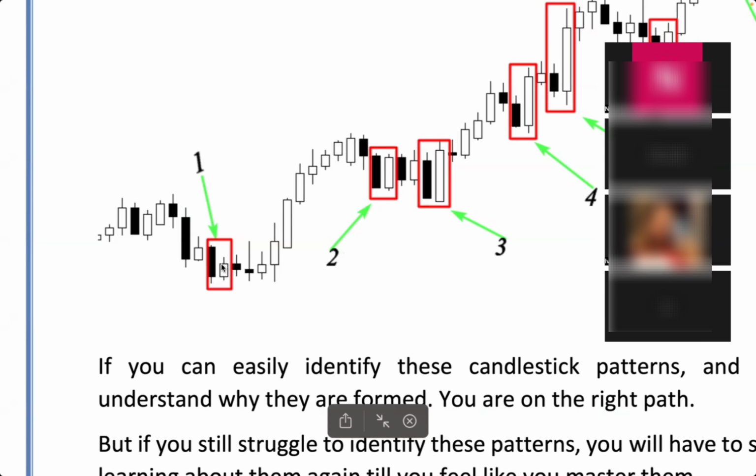It also shows there was strong selling pressure here, and when this candlestick pattern happened, it means that sellers were losing pressure, that was the end of their retracements. We had some indecision candles here. Usually when you have long wicks like this, there's some sort of indecision going on. And then price went up.